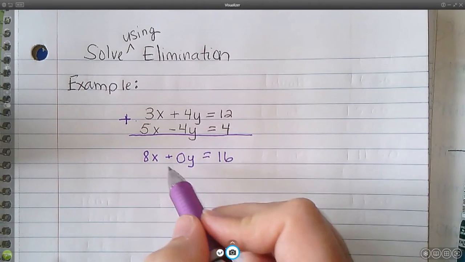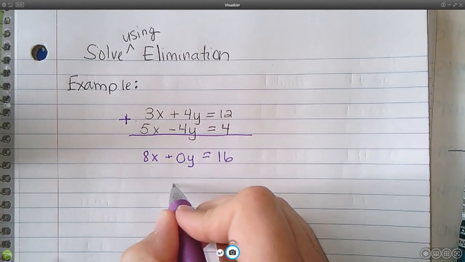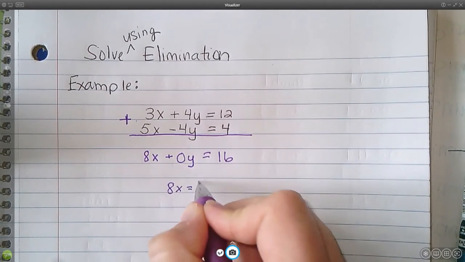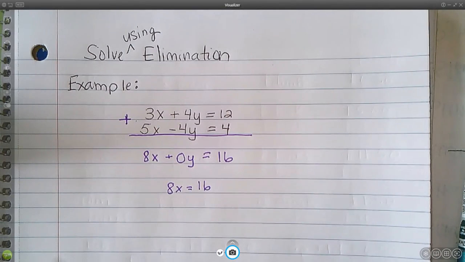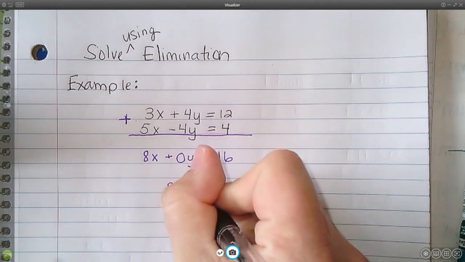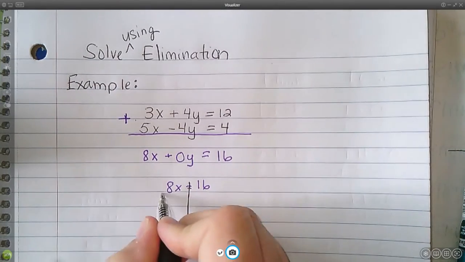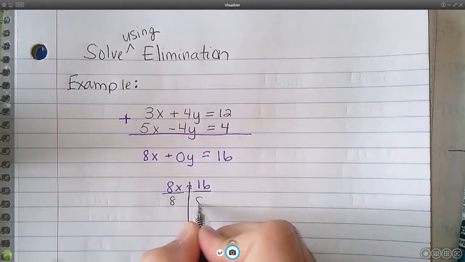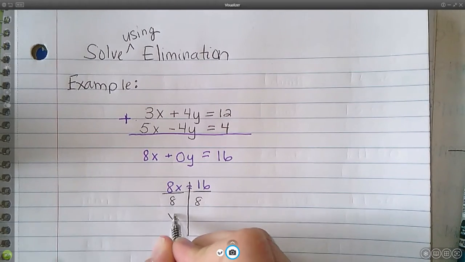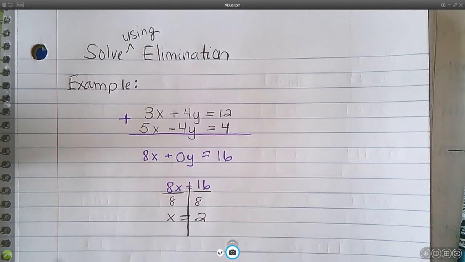Now I have 8x equals 16. How do I solve for x? I draw the line down and divide both sides by 8, and I end up with x equals 2.